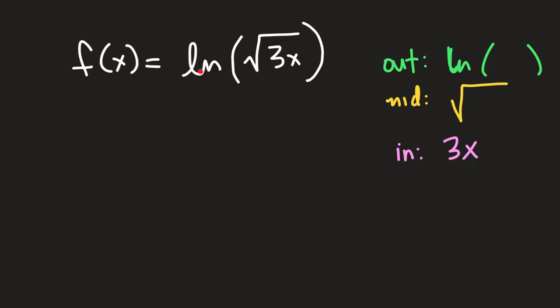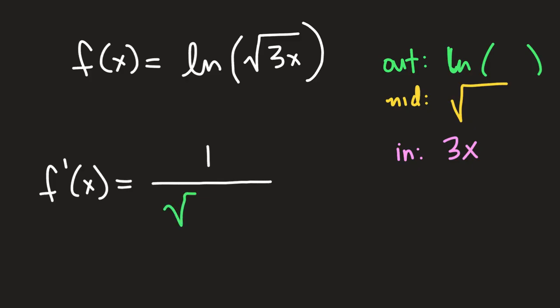So we're going to take the derivative of your natural log, and then we're going to take the derivative of your square root, and then we're going to take the derivative of 3x. Okay, so we're going to have 3 chains to follow for this problem, because there are 3 functions. So first of all, we do 1 over whatever's in parentheses, right? So this is 1 over the square root of 3x. Okay, so that's first.